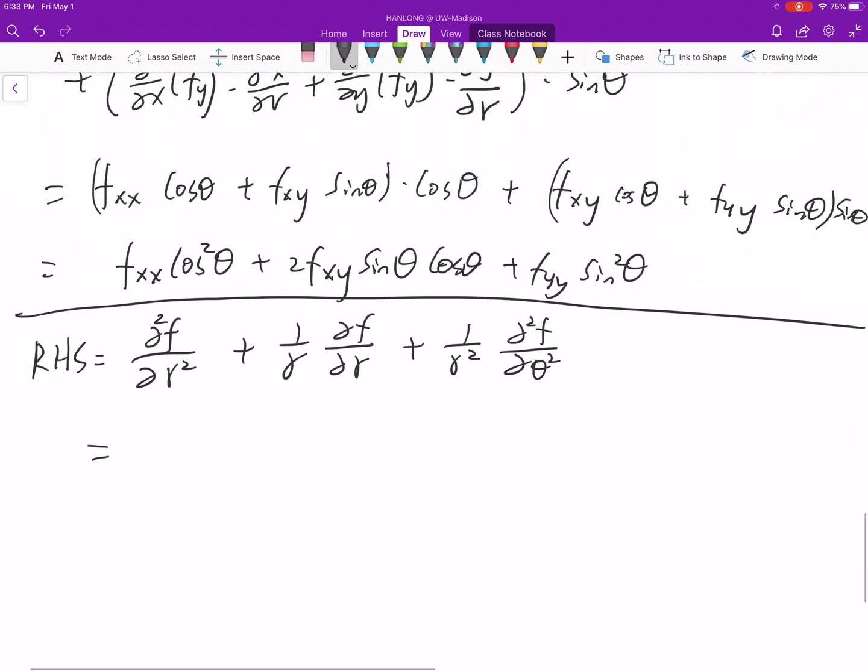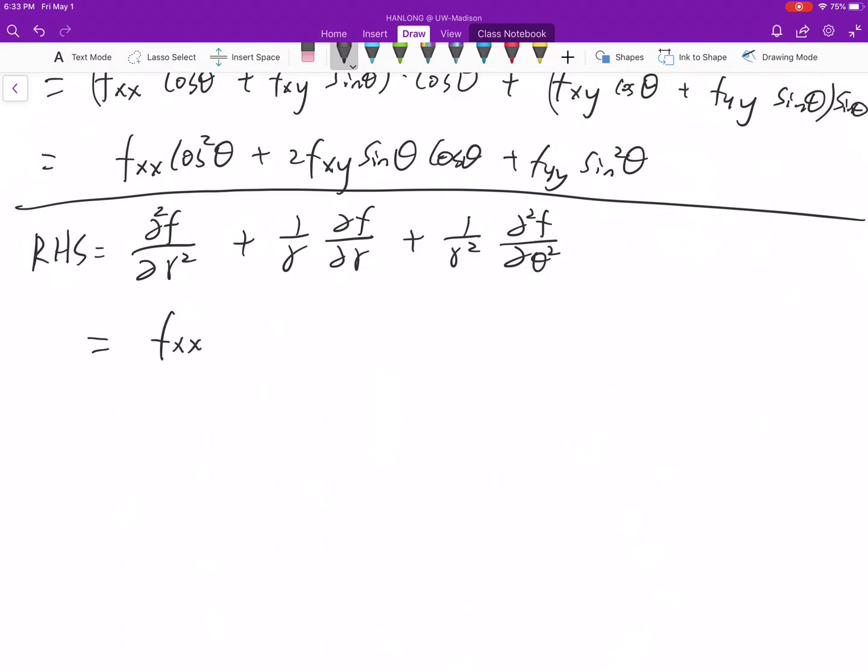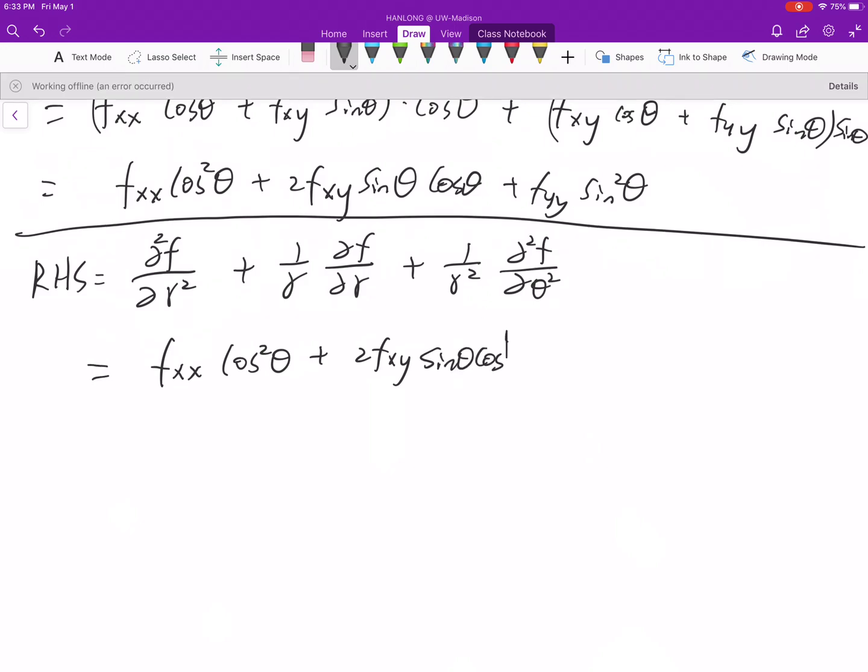And so let's collect terms. Fxx cosine square plus 2fxy sine theta cosine theta plus fyy sine square.